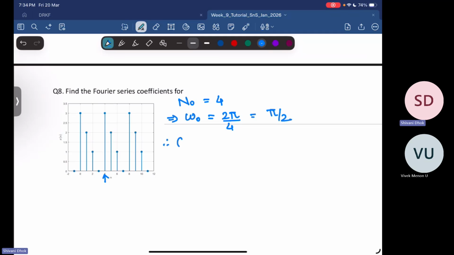So therefore your c_k's are now 1 by N naught, that is 1 by 4, summation n running from 0 to N naught minus 1, that is 4 minus 1, that is 3, of x of n into e power minus j k omega naught n, where omega naught is pi by 2 and this is capital N. Now this again I can expand.